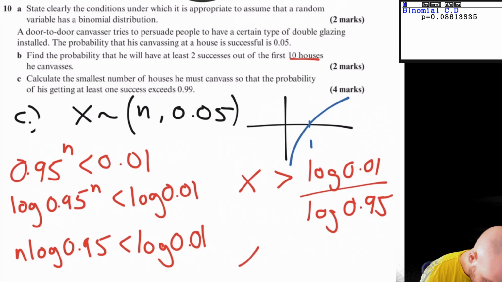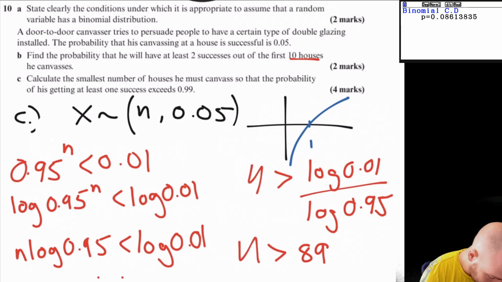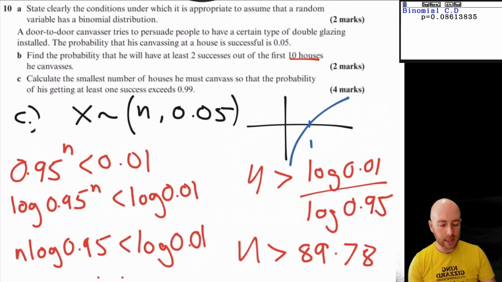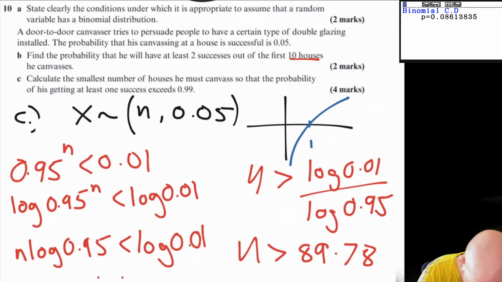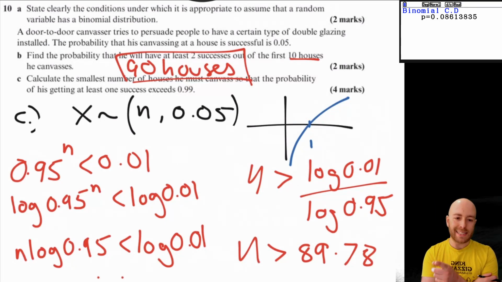And I get n is greater than 89. Oh, why have I gone to x suddenly? It should be an n, shouldn't it? n is greater than 89.78. So what's the smallest number of houses he has to canvass? It's going to be 90 houses. So we've worked out if this door-to-door salesman goes to 90 houses, they are very likely to get at least one sale.